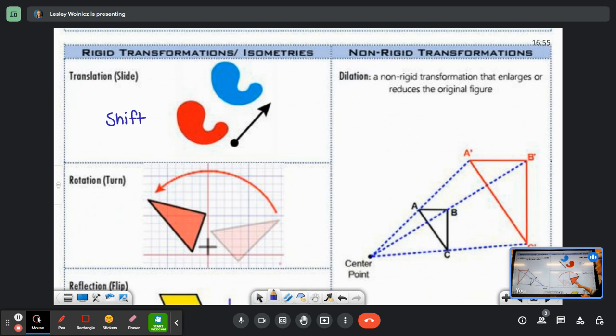Okay, rotation, or a turn. We saw a little bit of this in our last set of notes with the symmetry. When we rotate about a point, we're going to do a lot more on rotation in future sets of notes, but that's an isometry because all of the angles are kept and all of the lengths of the sides are kept to make congruent figures.